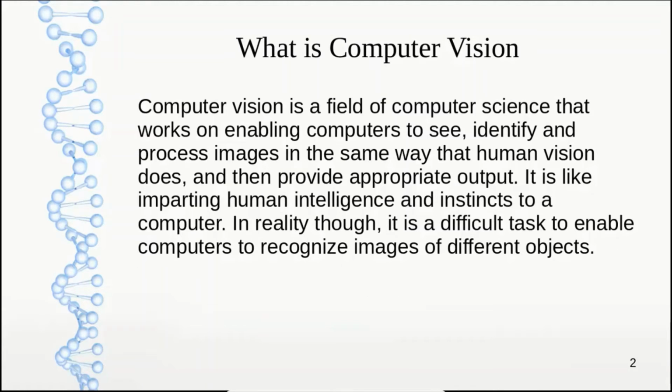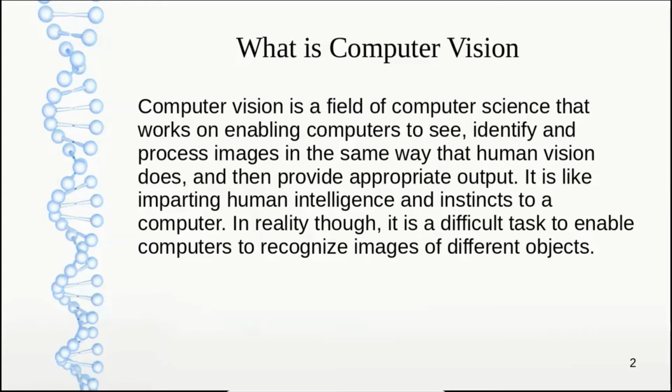Then the question arises, what is computer vision? Computer vision is a field of computer science that works on enabling computers to see, identify, and process images in the same way that human vision does, and then provide appropriate output. If computers look at an image, they won't look at it in the same way as we humans do.